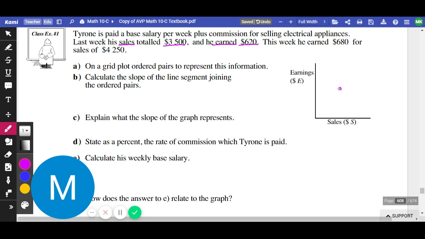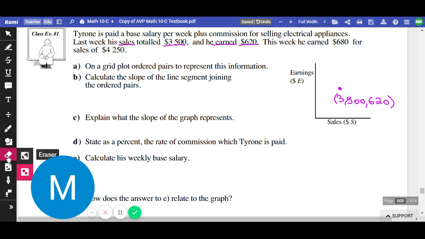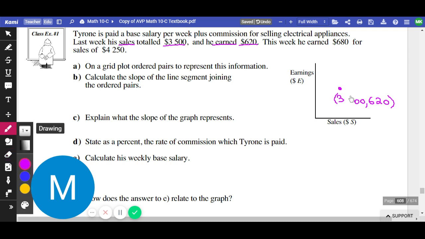Put it right there. That is $3,500, $620. That's the first point they gave me.